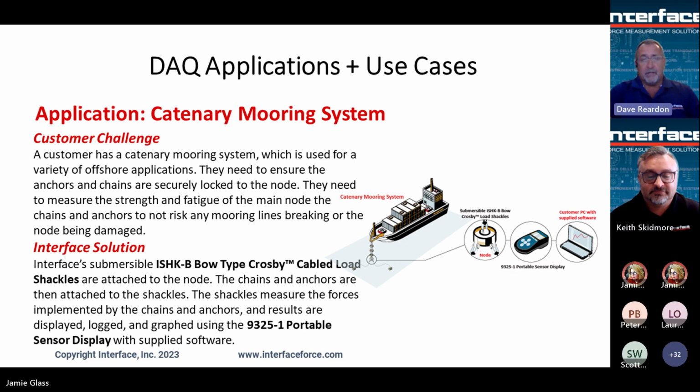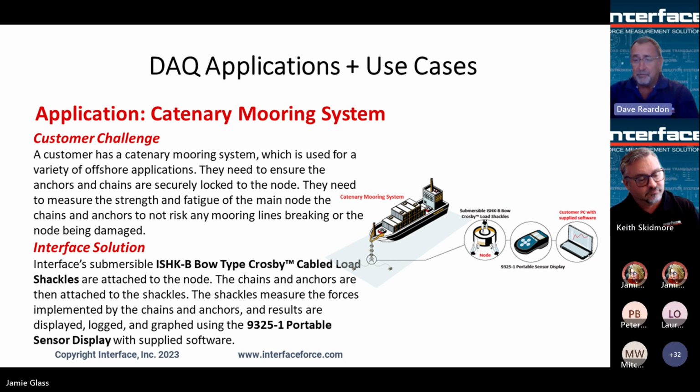So this is a mooring system for container ships, out in one of the ports. The customer was looking to measure how much pulling force was being applied to the different nodes that are attached to the bottom of the port in the ground there.